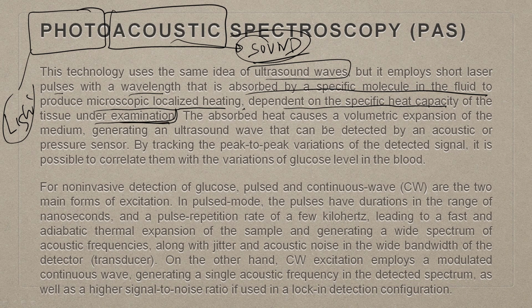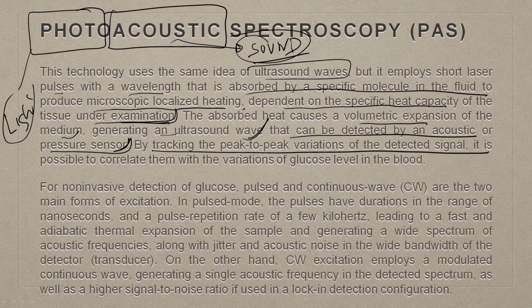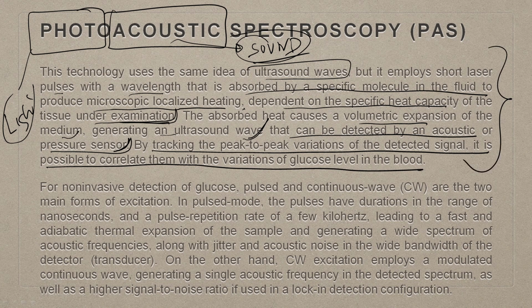The absorbed heat causes a volumetric expansion of the medium, generating an ultrasound wave that can be detected by an acoustic or pressure sensor. By tracking the peak-to-peak variation of the detected signal, it is possible to correlate it with the variations in glucose level in the blood.